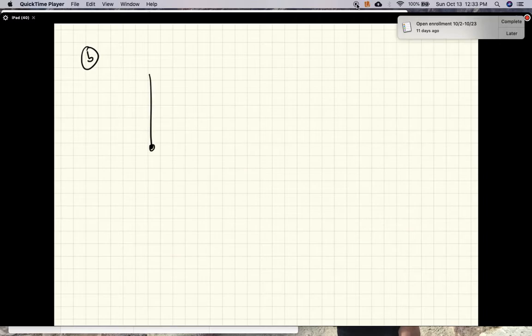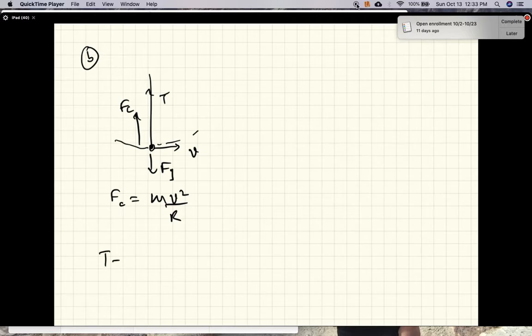Okay, at the bottom of the string, the ball is going in a circular path at that speed, and you need a centripetal force in that direction, and the centripetal force is equal to mv squared by r. And the centripetal force must come from tension and the force of gravity. So tension minus mg should be mv squared by r.